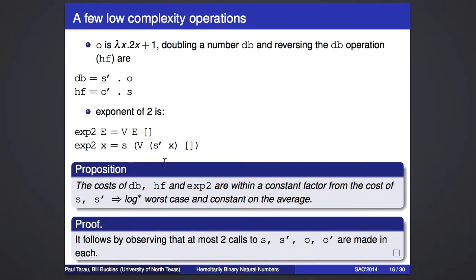And then more interestingly, exponent of 2 is also a constant time operation that applies an S and an S prime at most. So we get doubling, halving, and exponent of 2, still average constant time, and worst case log star, which is very nice properties for those fundamental operations.